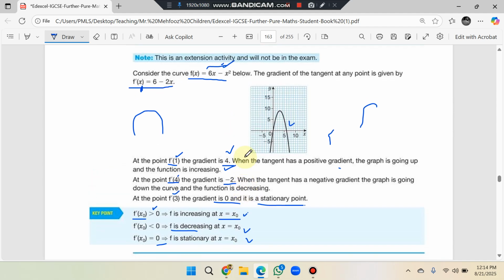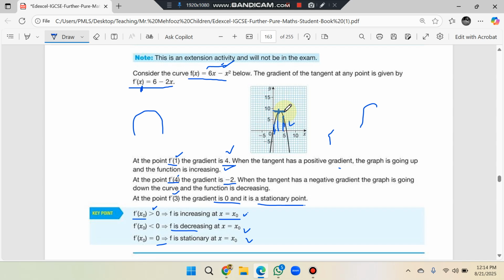You can see that at x equals 1 the graph is increasing. At 4, you can see that the graph is decreasing. And at 3, you can see that the graph is neither increasing nor decreasing.